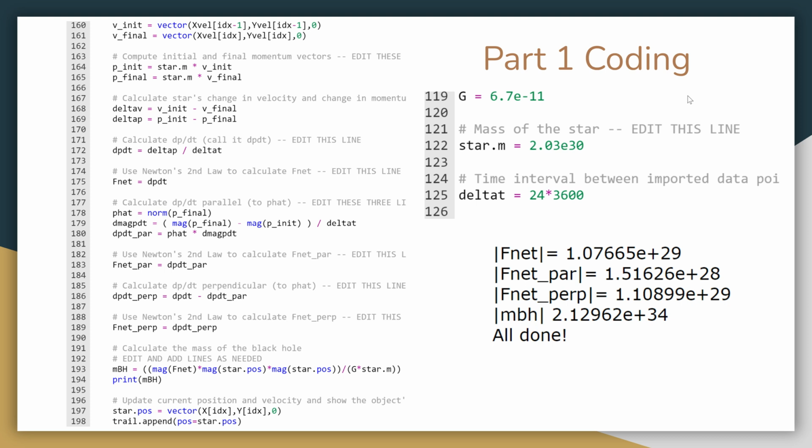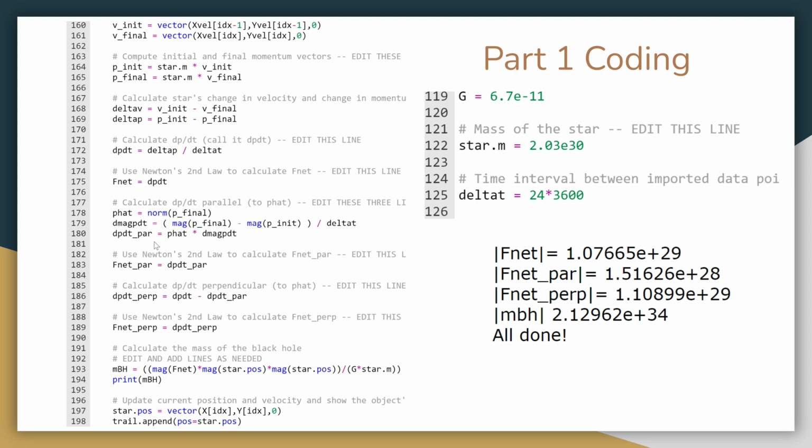And here is my Part 1 computational coding. Before beginning a deep dive into the other part of the coding, you can see that G is listed here and mass of the star, and delta T is 24 times 3,600 because it's 24 hours times 60 minutes times 60 seconds, because the time interval needs to be in units of seconds.